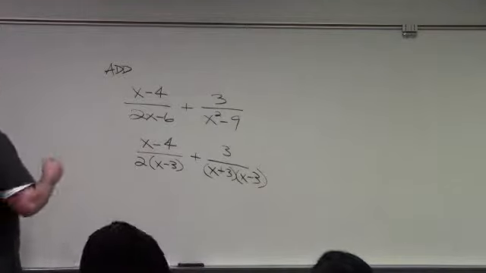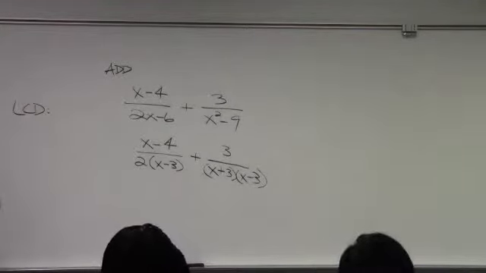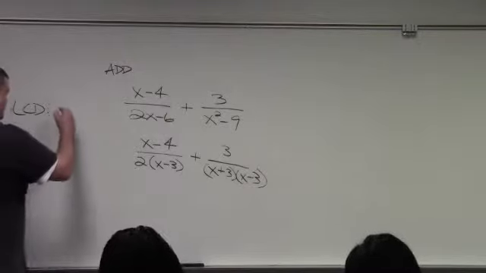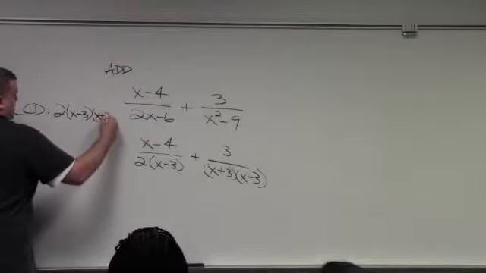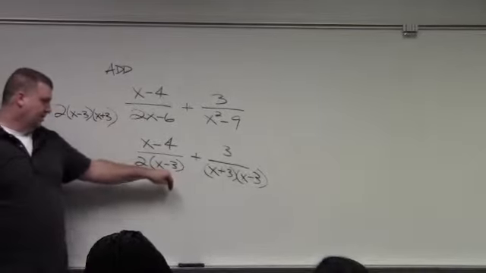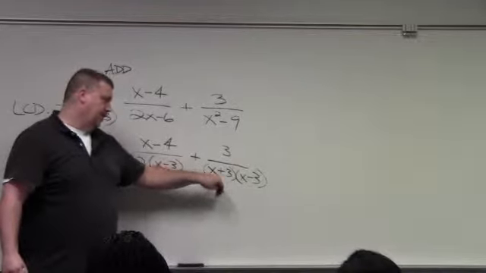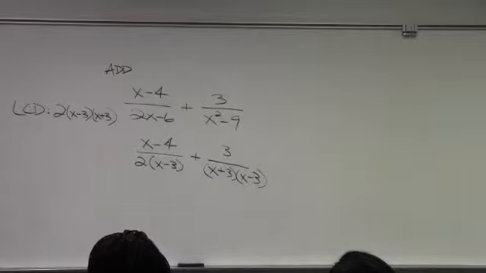So, off to the side here, let's determine what my LCD will be. What is my lowest common denominator? 2, x minus 3, x plus 3. Your LCD is everything that shows up in your denominators. I have a 2, an x minus 3, and then an x plus 3 that shows up here. So my entire LCD would be 2 times x minus 3 times x plus 3.